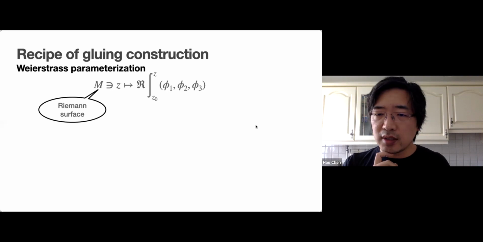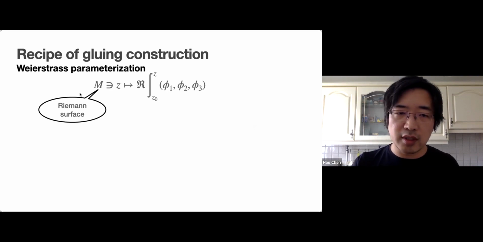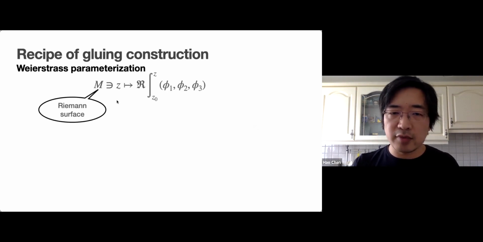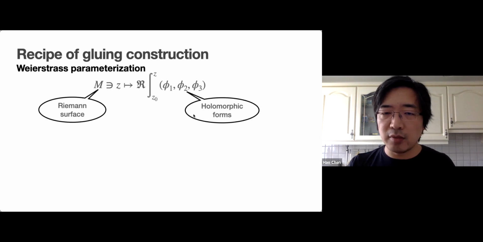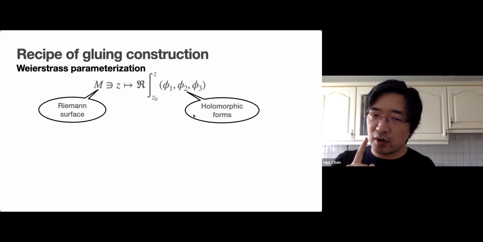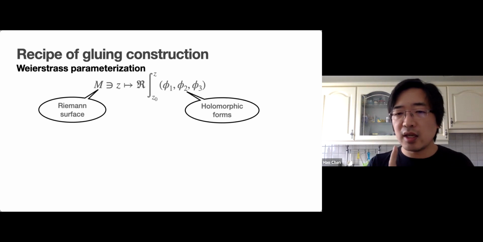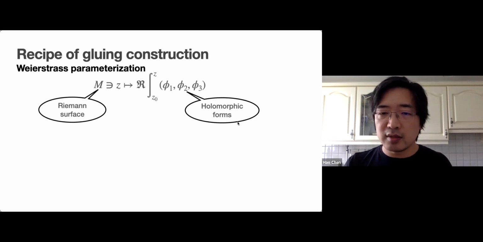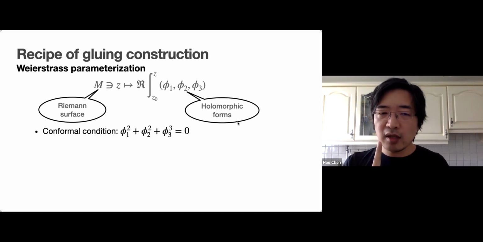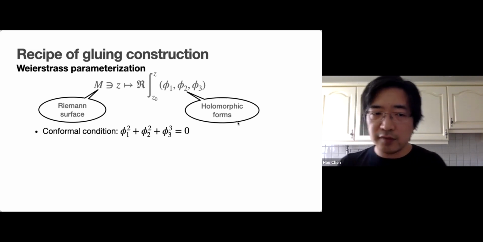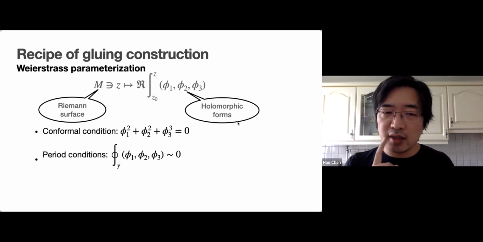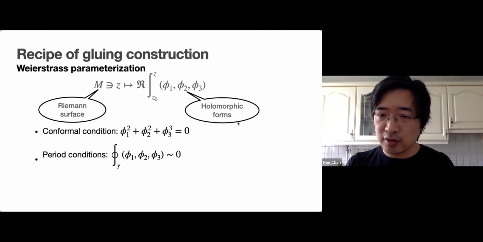So here I need to explain that M is a Riemann surface, and these are some holomorphic forms, but actually if your minimal surface has ends, they can be meromorphic forms. So one condition that they need to satisfy is the conformal condition, and the other is called the period condition.